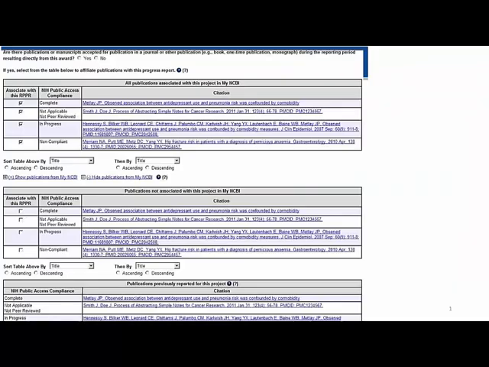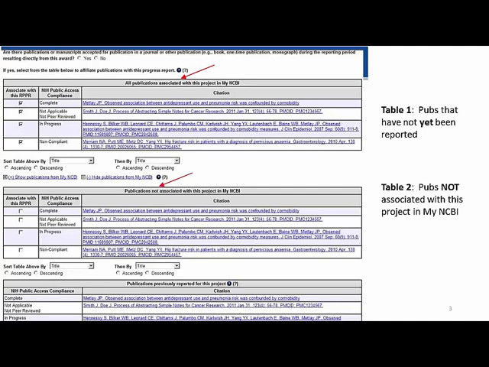And you can see this is broken down into 3 sections. The top section, these are publications that have not yet been reported to NIH. And these are probably, obviously, in the last reporting period. The second portion, these are publications that are not associated with the RPPR.